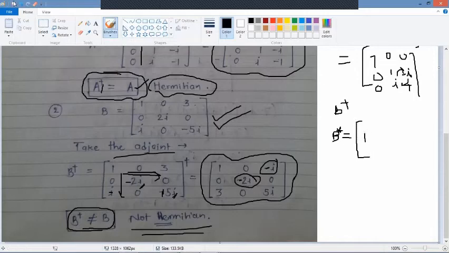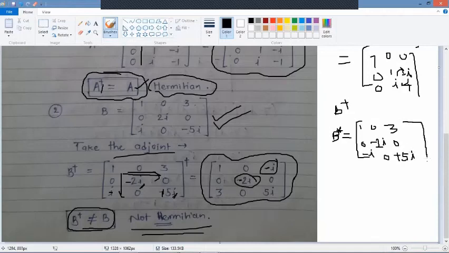So 1, 0, 3, 0, minus i, because i becomes minus i, and it is also minus i, 0, and 5i. It is not necessary to write the plus.